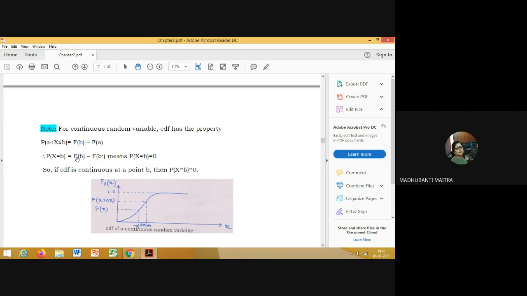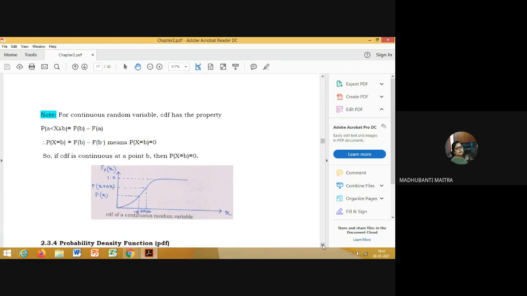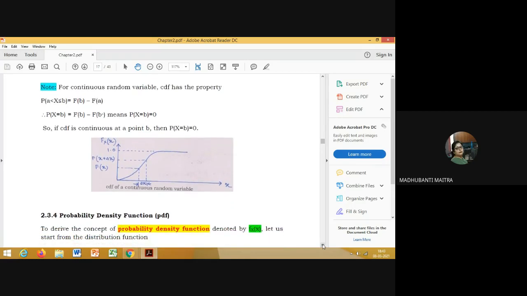Then this will be equal to F(b) minus F(b minus). Since it's a continuous function, these two values are the same, and hence the probability that a continuous random variable assumes a specific value will be equal to 0.